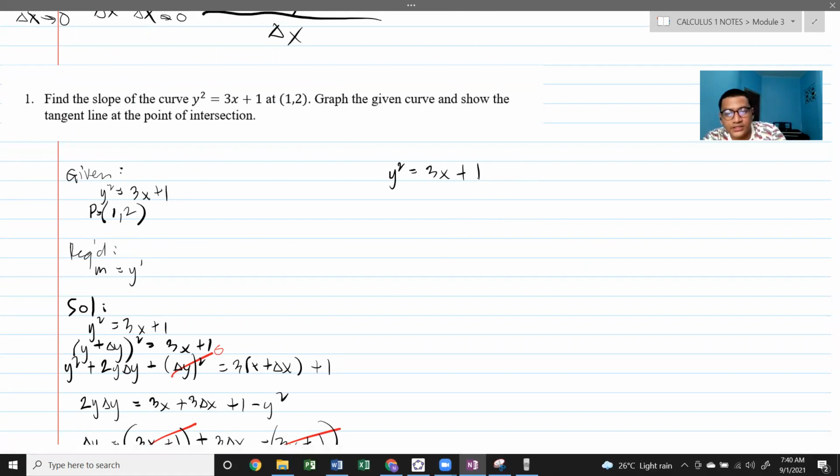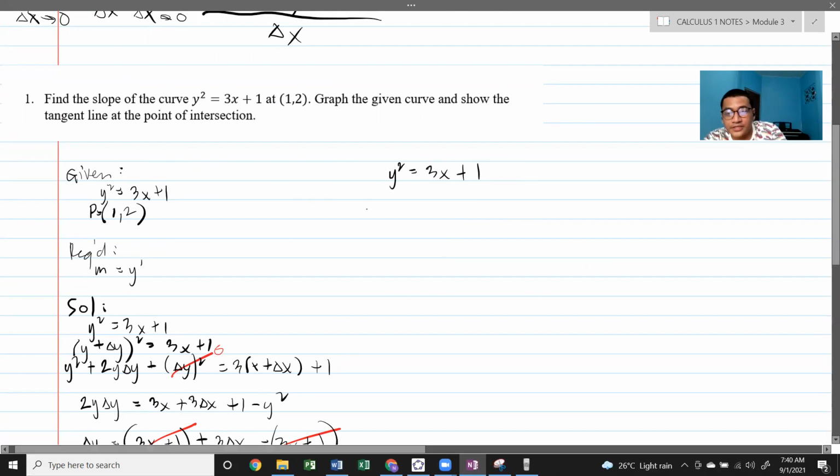Yes. So let's first write the standard form of a parabola. So our standard form of a parabola would be y minus k squared equals 4a times x minus h.